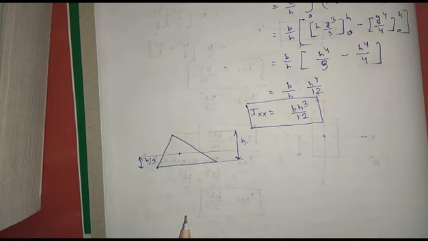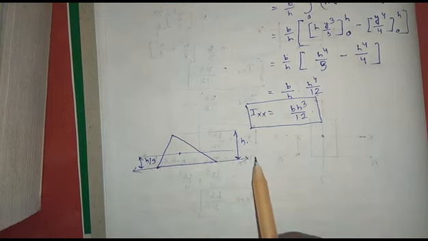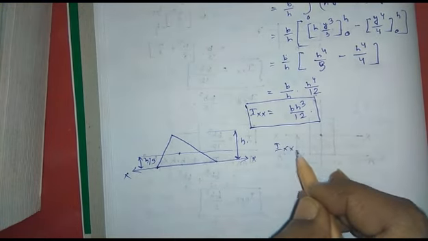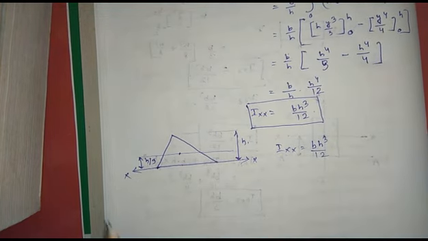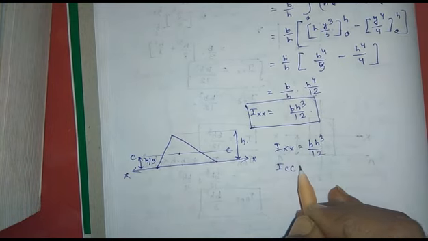Clear? So I know the moment of inertia about this x-axis, and that is Ixx is equal to bh cube by 12. I want to know the moment of inertia about the centroidal x-axis.